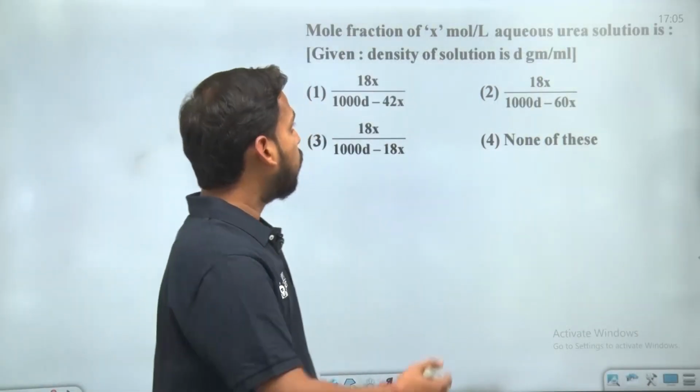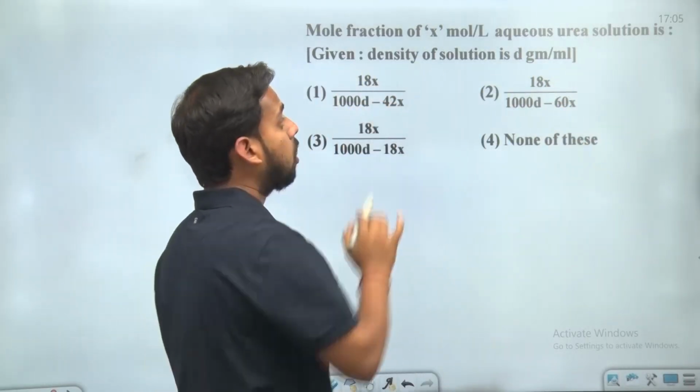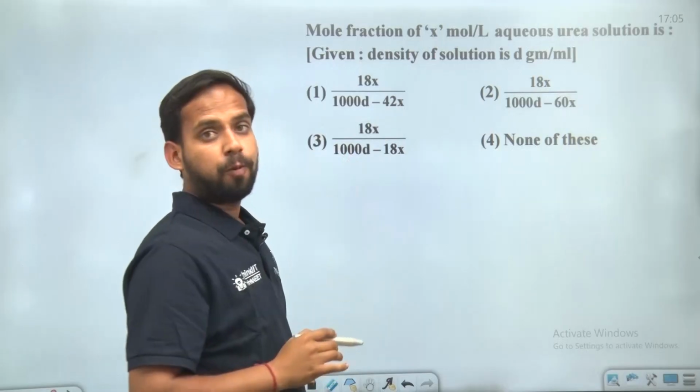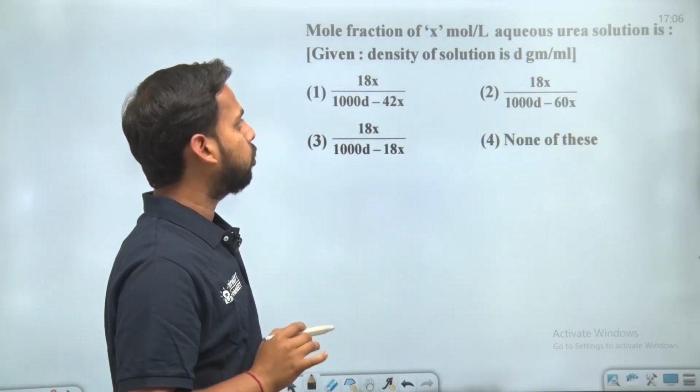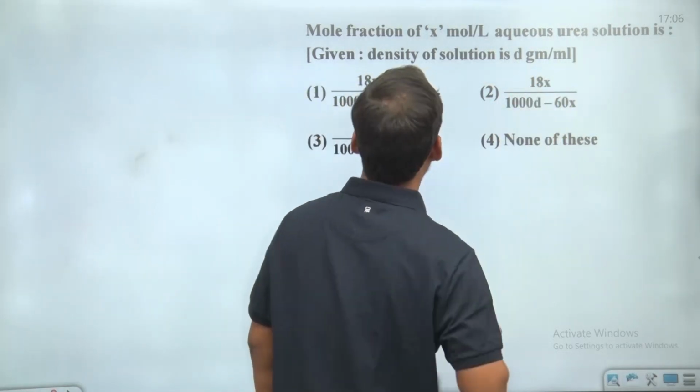Next question, the mole fraction of X moles per liter aqueous urea solution. We have to calculate the mole fraction of X moles per liter aqueous urea solution. We are given the density of the solution is D gram per ml.